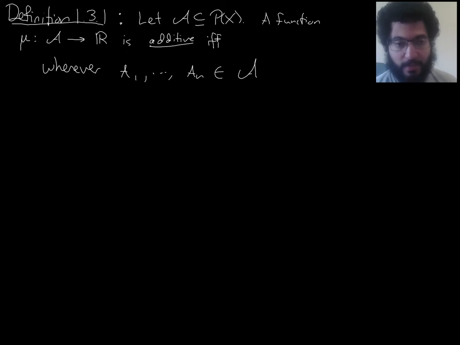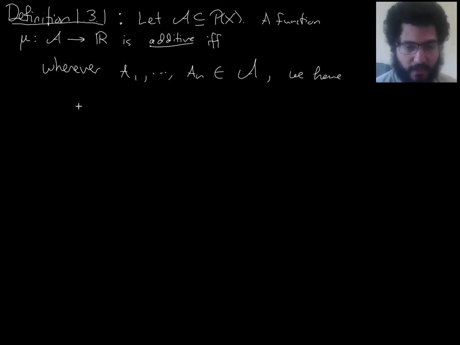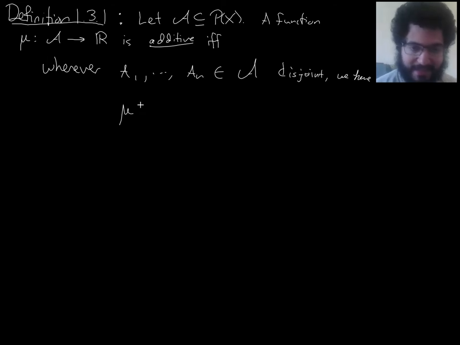So whenever you have a finite collection of special sets, and they're disjoint, then we have that the mu, which you might call measure, but mu is not necessarily a measure here, so I'm just going to call it mu, of the union of these special sets equals the sum of the mu's.